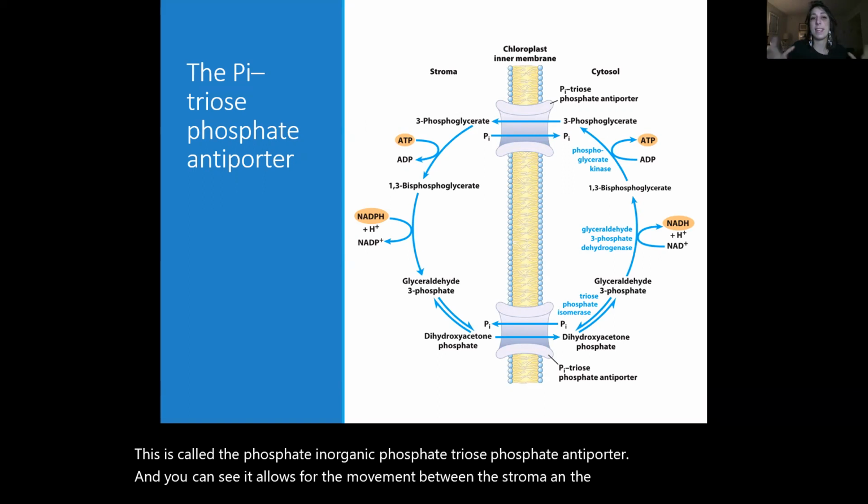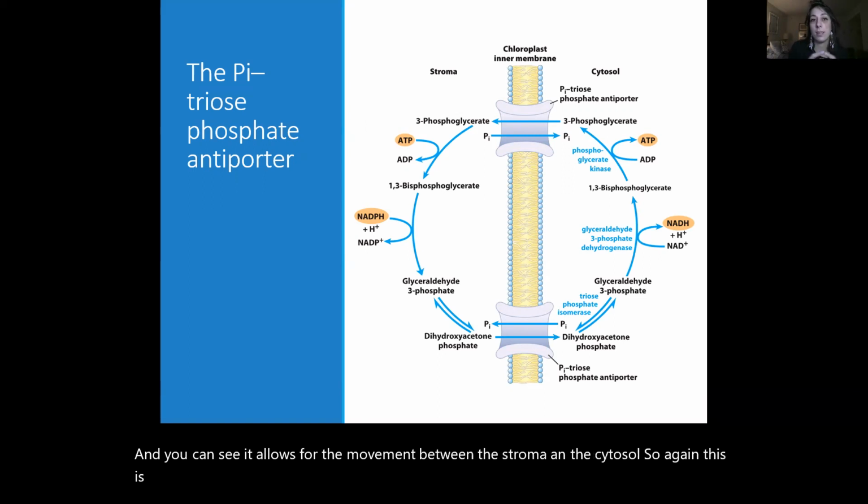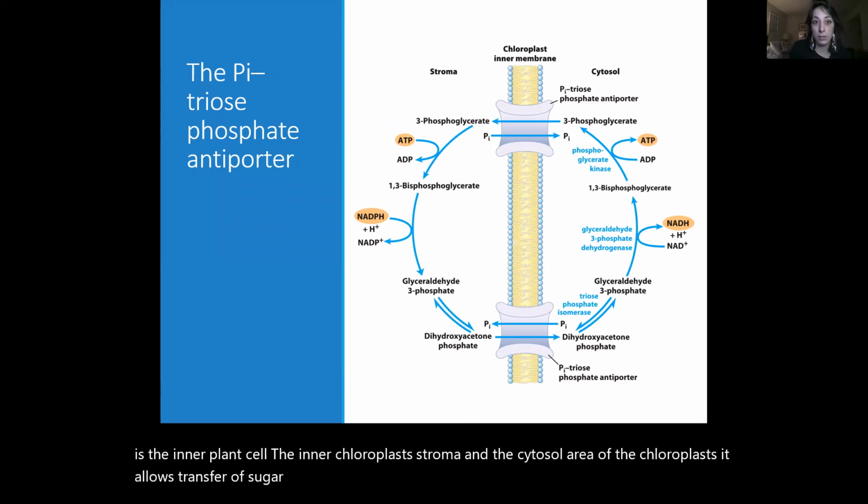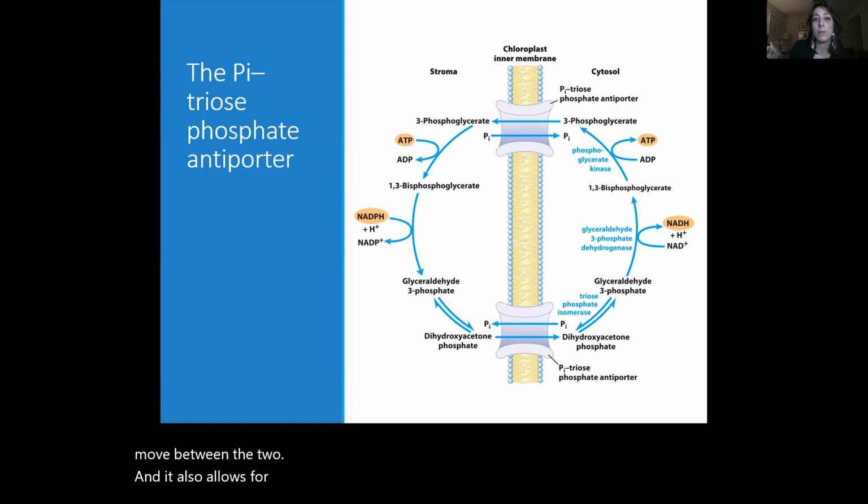So again, this is the inner chloroplast stroma, and the cytosol area of the chloroplast. It allows transfer of sugar molecules. So glyceraldehyde 3-phosphate can move between the two. And it also allows for the movement of inorganic phosphate between the two to use in the production of glyceraldehyde 3-phosphate.